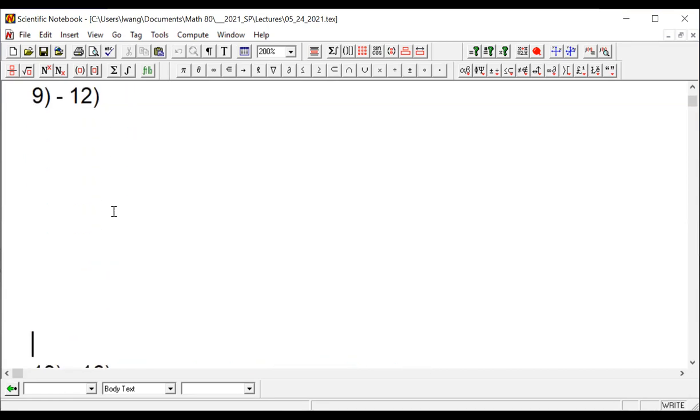In number 9 through number 12, we have a slightly changed situation. We have 3 raised to the power of x plus 4 equals 9. Then what do we do?